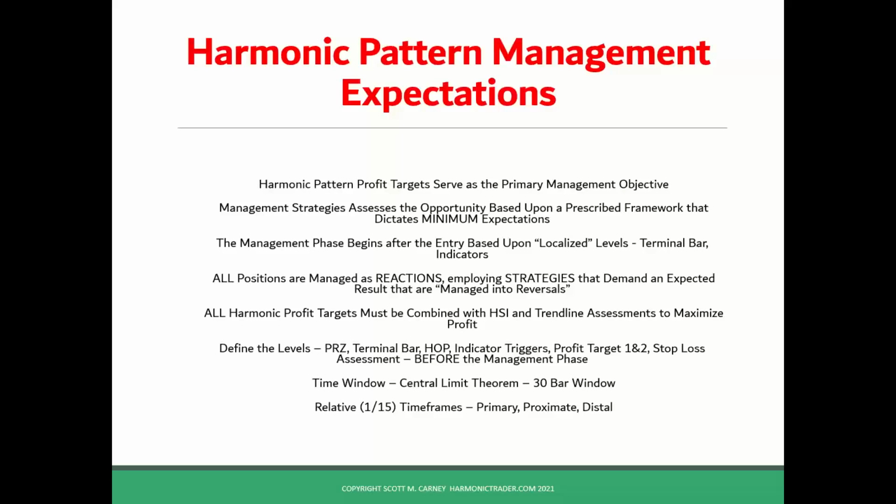It's important also to realize, building on yesterday, we really want to start our trade management phase at the optimal point of the pattern reversal. I know that sounds obvious.